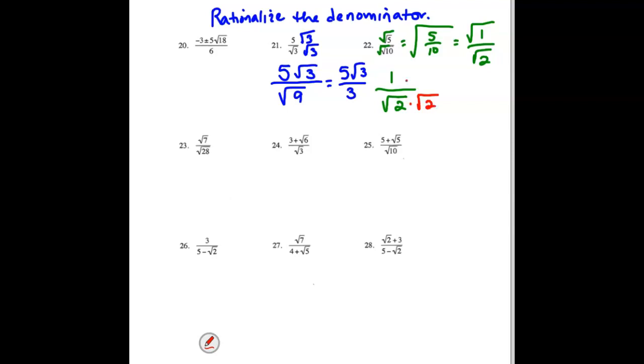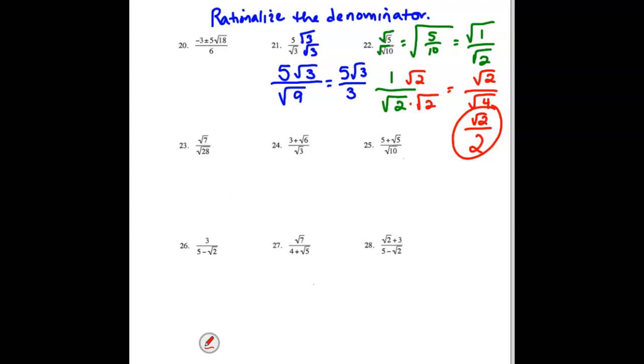If I multiply it by another root 2, my denominator becomes the square root of 4, which is perfect. It's just a plain 2. Whatever I multiply to the denominator, I also have to multiply to the numerator. So I get 1 times the square root of 2, which would just be the square root of 2. So my reduced answer would be the square root of 2 divided by 2.